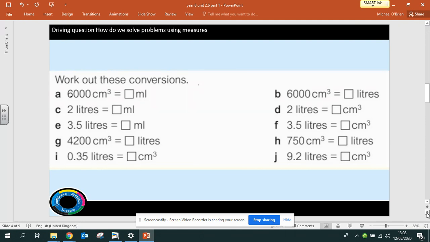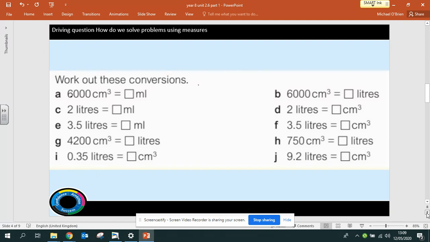4,200 cubic centimeters is the same as 4.2 liters. 750 cubic centimeters is the same as 0.75 of a liter. 0.35 of a liter is 350 cubic centimeters. 9.2 liters is 9,200 cubic centimeters.